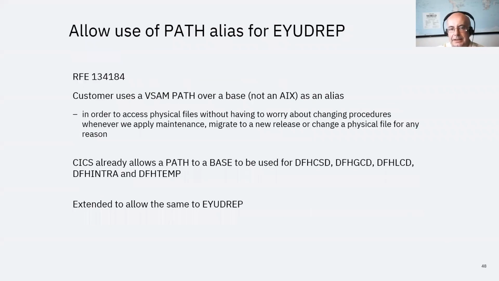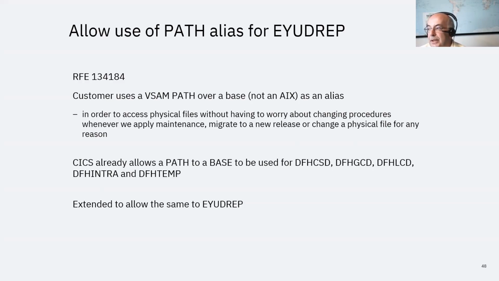And moving on again, this one I think was a French customer. This one's quite a niche solution, but we previously allowed them to do what's called path aliasing processing for VSAM datasets. So you're probably aware, if you've played around with VSAM, that you can have a VSAM path, and normally a path is defined over an AIX to get to a base. It's a way of having an alternate index path, alternate key. But this particular customer was just using a path directly over a base, and they weren't using it for additional key capability. They were just using it as an alias.